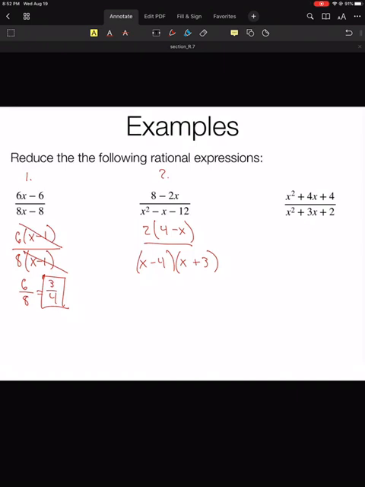If I take out -1 from this 4 minus x here, if I pull out a -1, what I'll get, so I'm moving down here, I get 2 times -1, and if I pull a -1 out, I get -4 plus x.